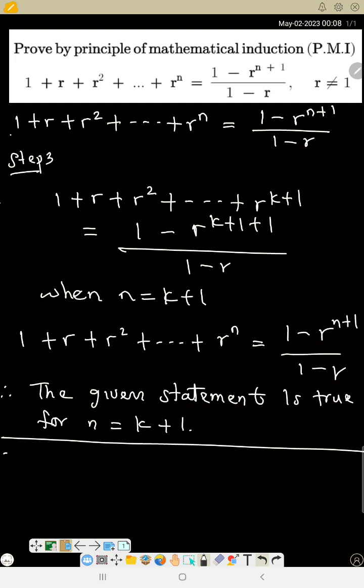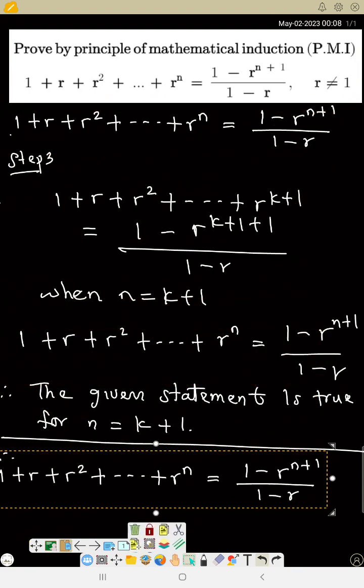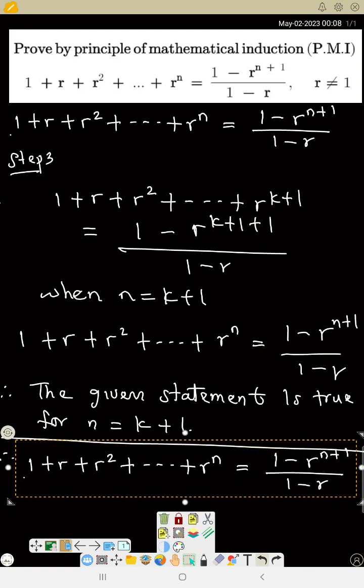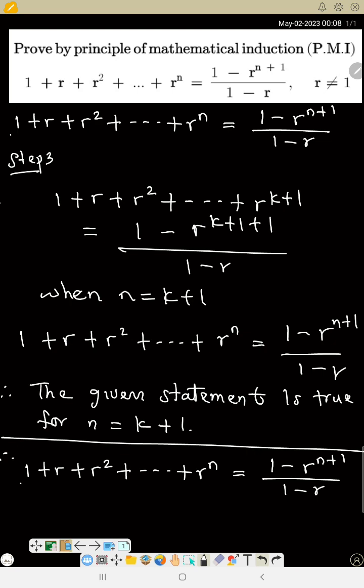Therefore, this is true by principle of mathematical induction. So proved.